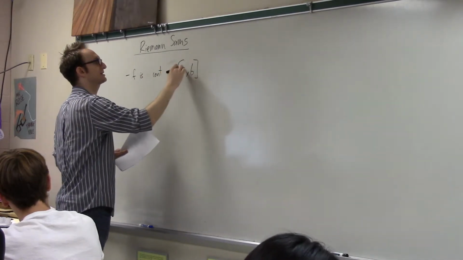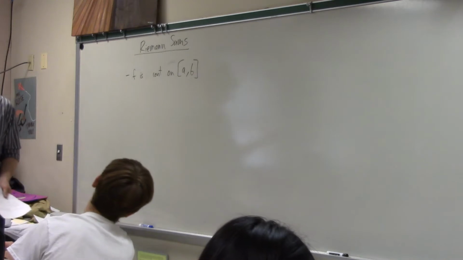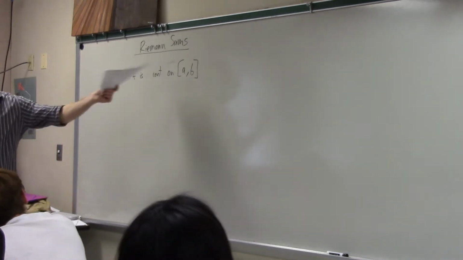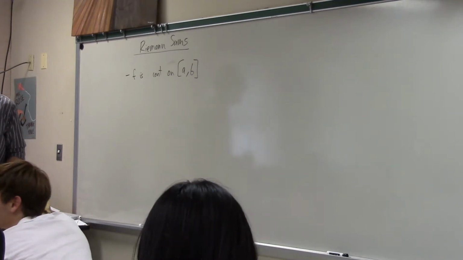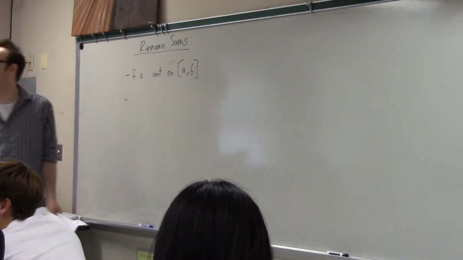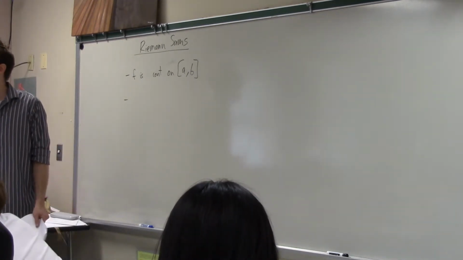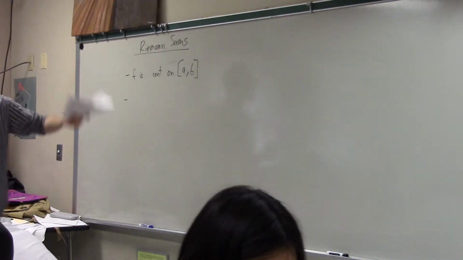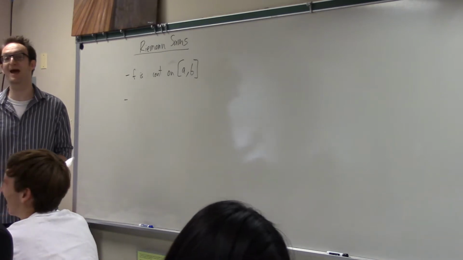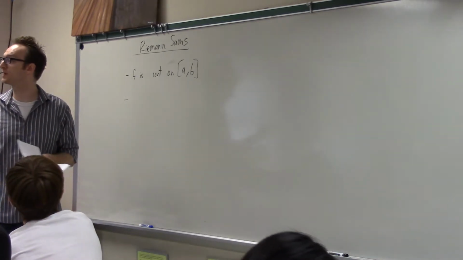So take some continuous function on some closed interval. Now I'm going to do something with this interval. I'm going to partition it in a certain way, because, as we discussed a half an hour ago, I may split up my subintervals in any way I choose.